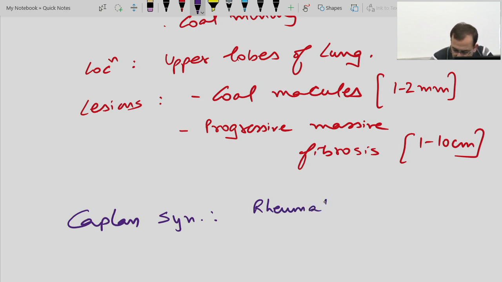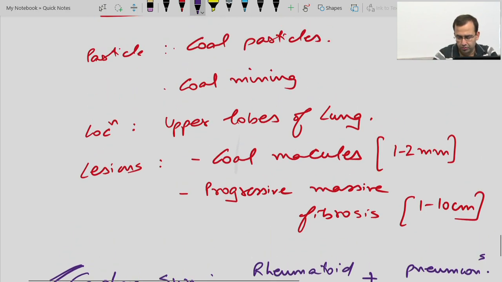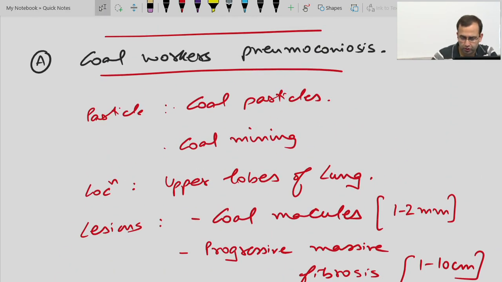It is rheumatoid arthritis plus pneumoconiosis. Rheumatoid arthritis plus coal workers pneumoconiosis, that is Caplan's syndrome. So this was the first pneumoconiosis, coal workers pneumoconiosis.